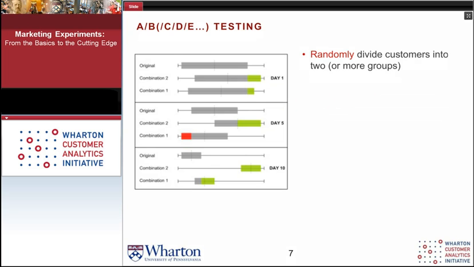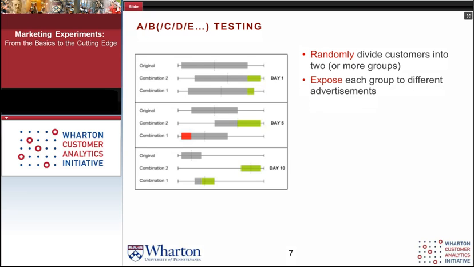So what actually is an experiment? Let me just jump in and explain what an A/B test is. It's pretty simple. Once you have this measurement and control, you randomly divide the customers into two or more groups. In the graphic I have here, we've got three groups: the original, combination 1, and combination 2. We randomly divide the customers into these groups.